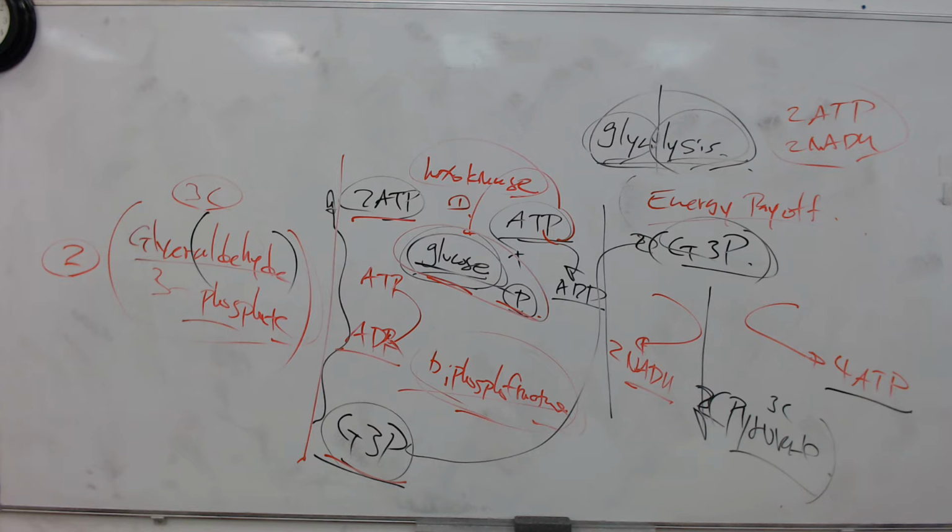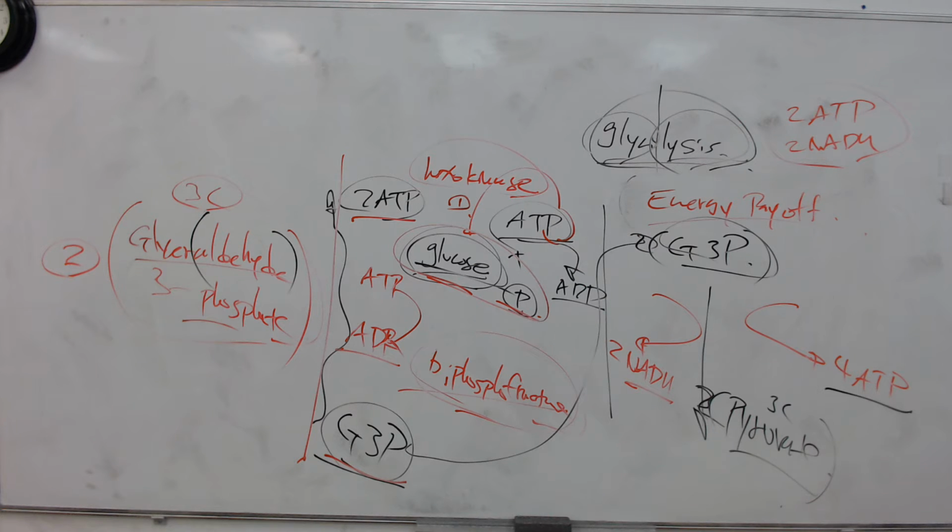When you are turning an alcohol into an aldehyde, and an aldehyde into an acid, this process is what we call oxidation. Oxidation means you're removing electrons.